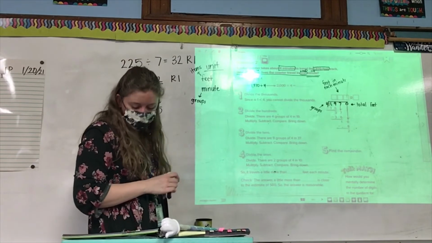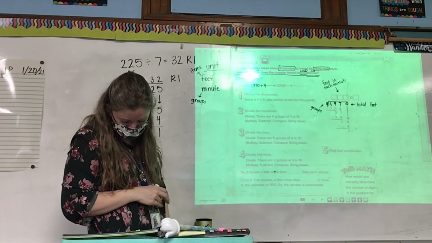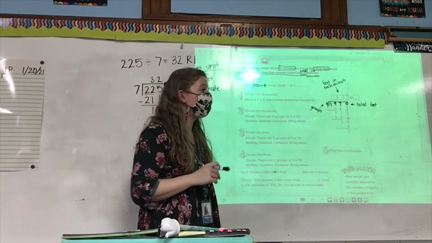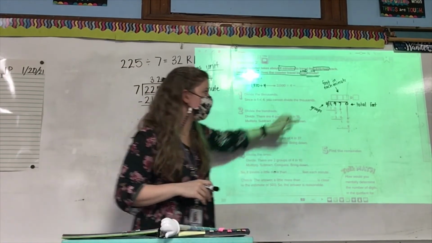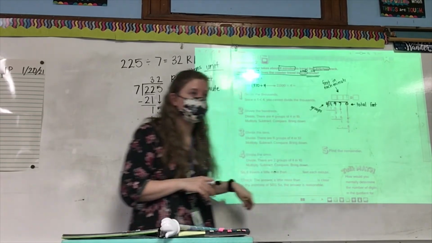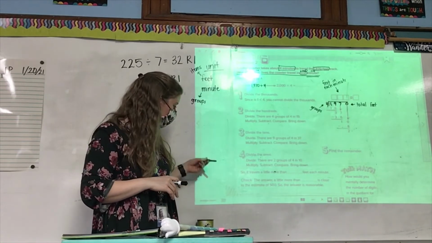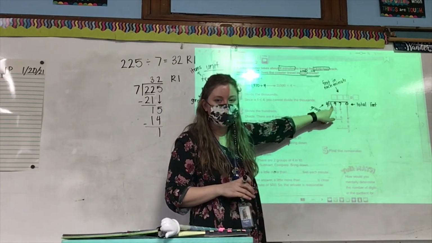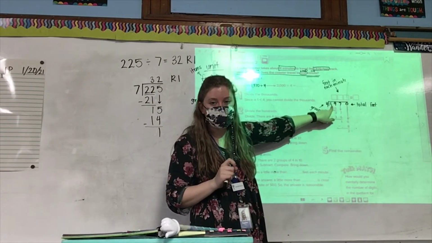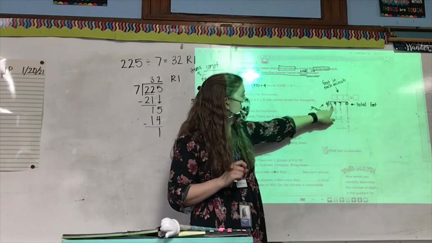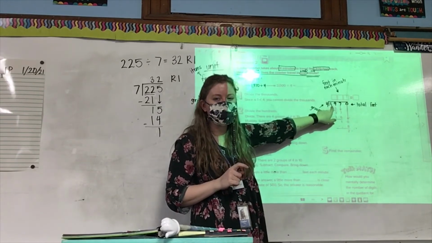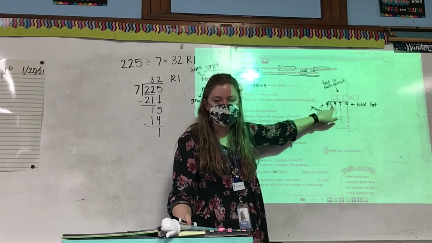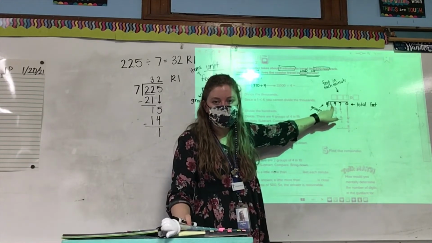Step 1. We see how many times our divisor will go into the first digit. How many times will our divisor 4 go into our first digit of our dividend? 0 times. Do we write 0? No, we just move 1 place over.